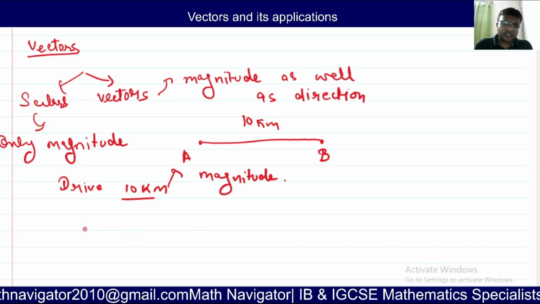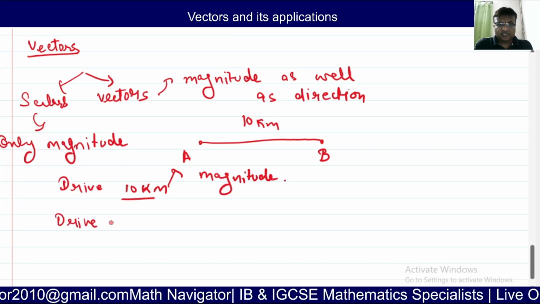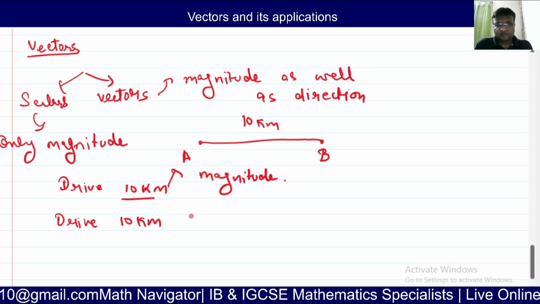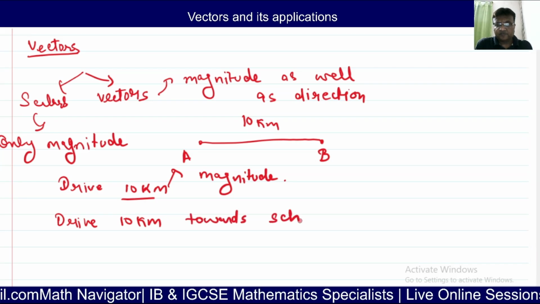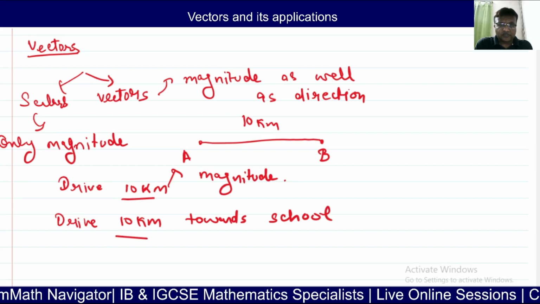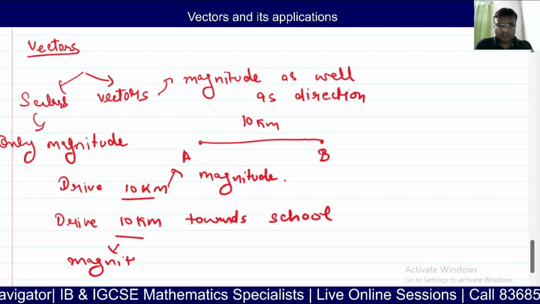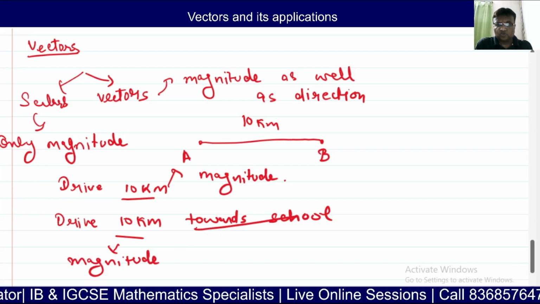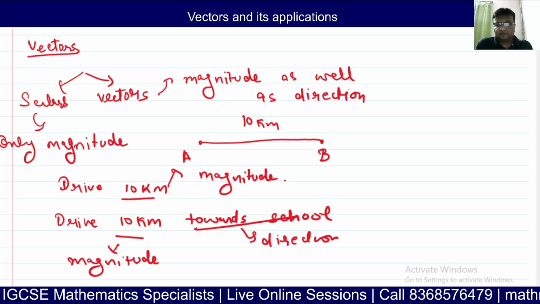But if I'm saying drive 10 kilometers towards school, then 10 kilometers is your magnitude and towards school represents the direction, got it?